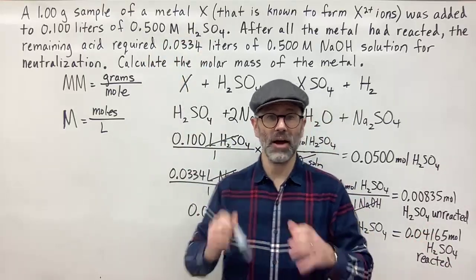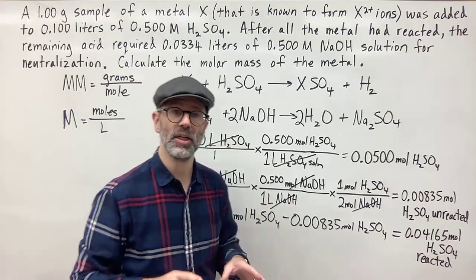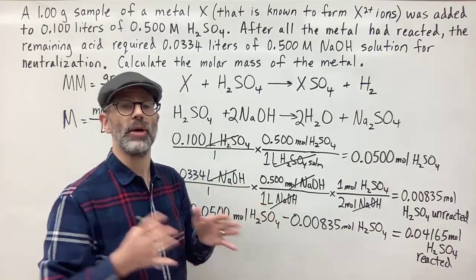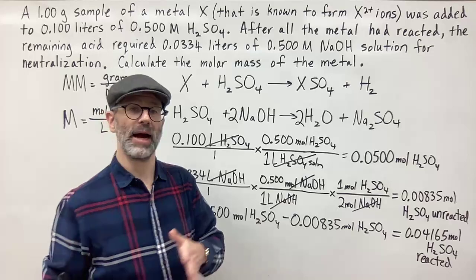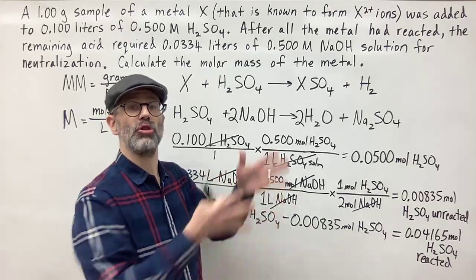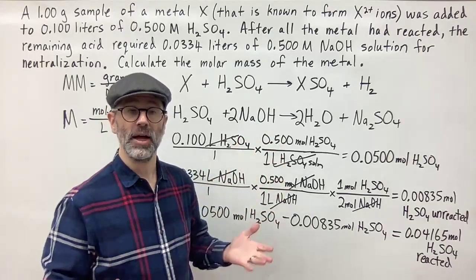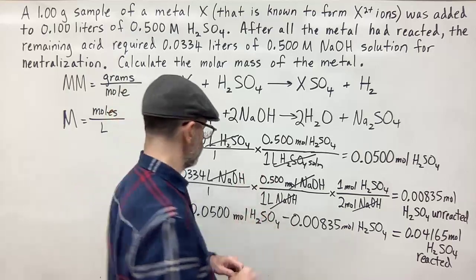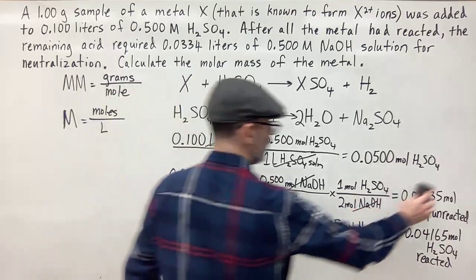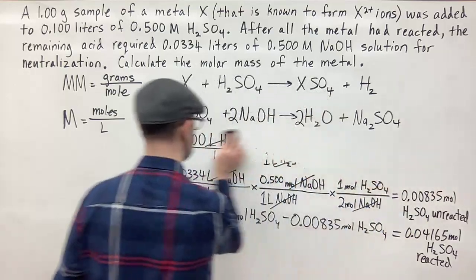Okay, so now that we have the amount of acid that actually reacted with the metal, we can now use stoichiometry to work backwards from the reacted H2SO4 to the moles of metal that we started with. So let's go ahead and do that. I'm going to erase this now since we don't need this.